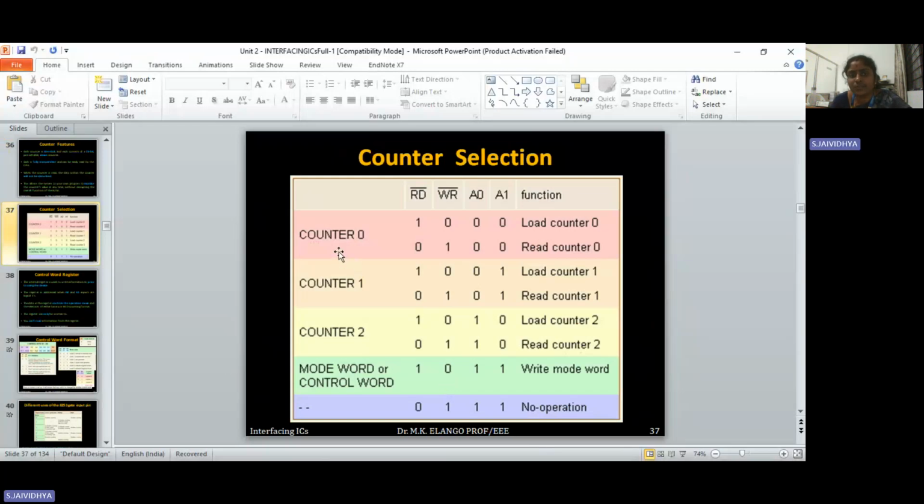In the case of counter 0, when the read signal is enabled, that is active low, and the remaining control signals are at 0, it loads counter 0.